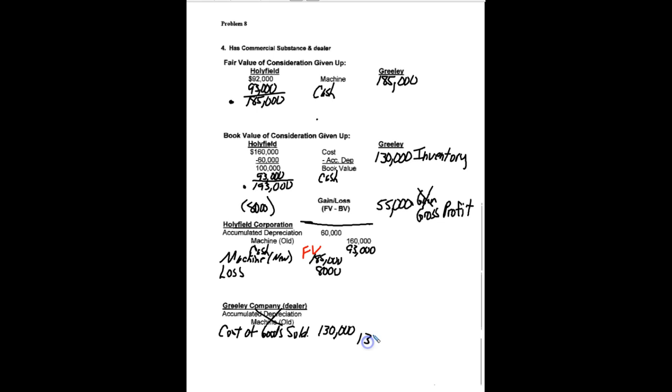And credit inventory, $130,000. So we remove the inventory and expense it in cost of goods sold.